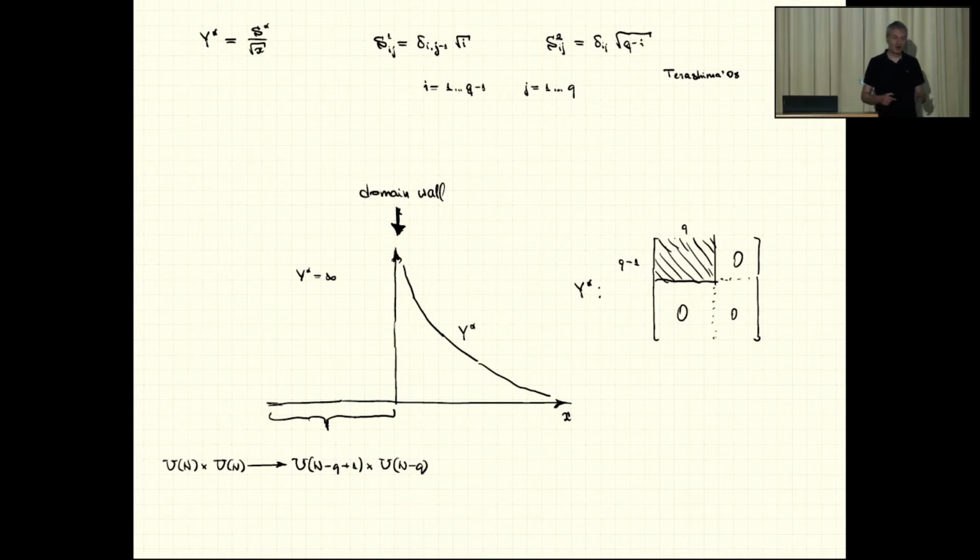And what it describes is a domain wall, so that the fields depend only on one coordinate. The fields go to infinity at the position of the domain wall. So on one side, they have to be declared infinite, so they simply disappear from the spectrum. And on the other side, they relax to 0.